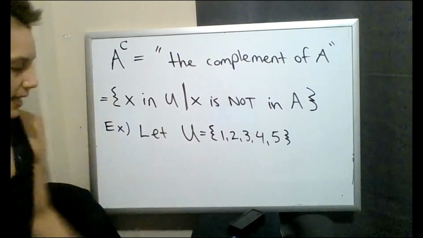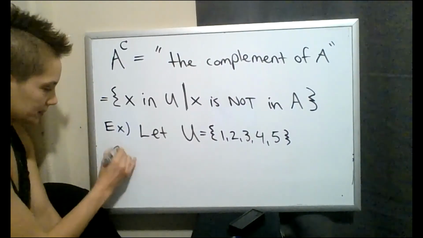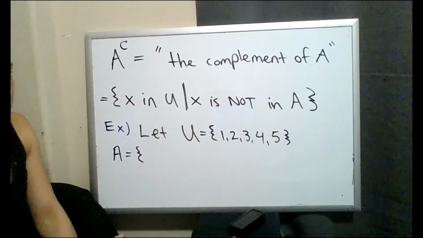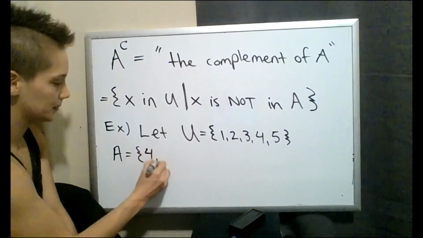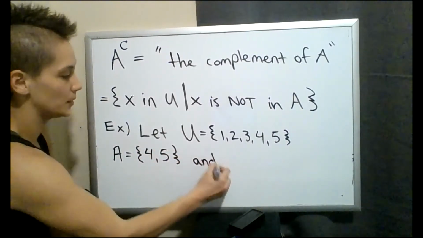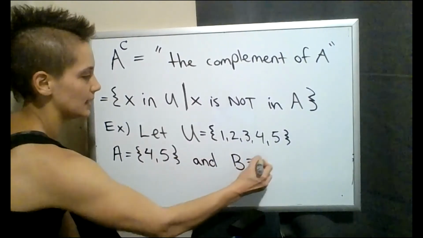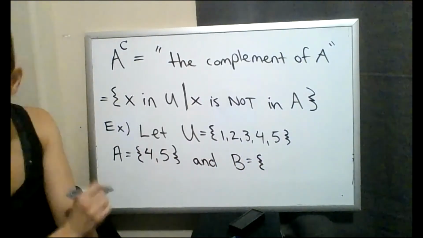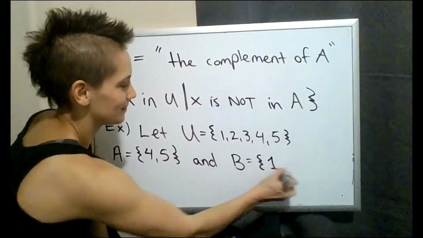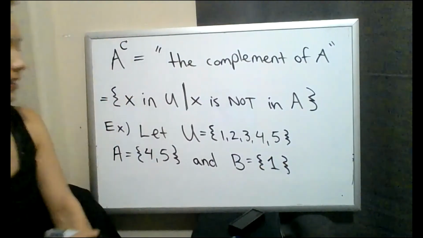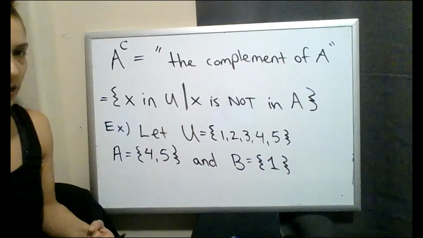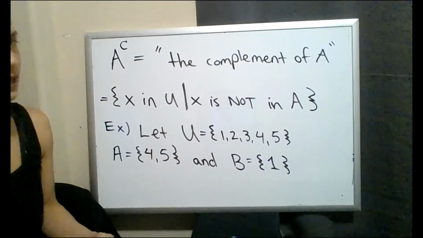You have the subset A, which contains 4 and 5. And another subset B, it contains 1. Okay. We're going to practice the Venn diagram, the union, intersection, and complement.